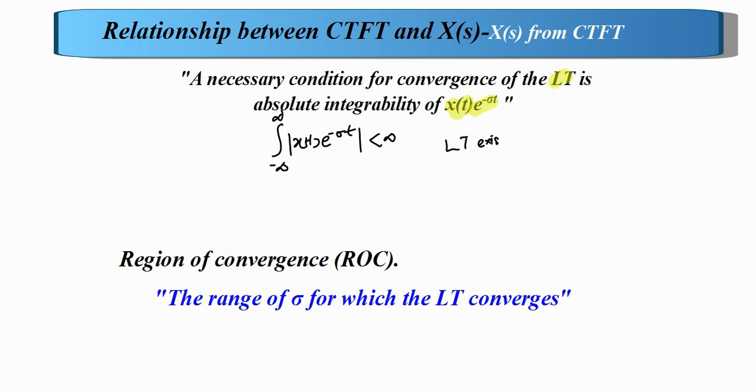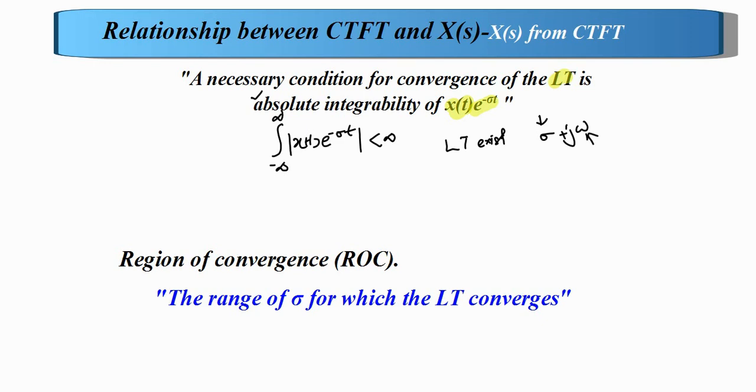So here you can see that if you write sigma plus j omega, this sigma value actually decides whether the signal is absolutely integrable or not. There is no significance for the imaginary part.